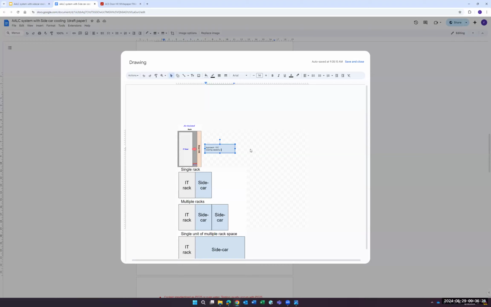Yep. So in that case, yeah, you can compare with approach the heat exchanger, but in real life the customer will say, yeah, with an approach of 10 Kelvin in the sidecar, I have to take care of an approach of 13 Kelvin or 15 Kelvin with a rear door, because we have to add this 5 Kelvin or 3 Kelvin.